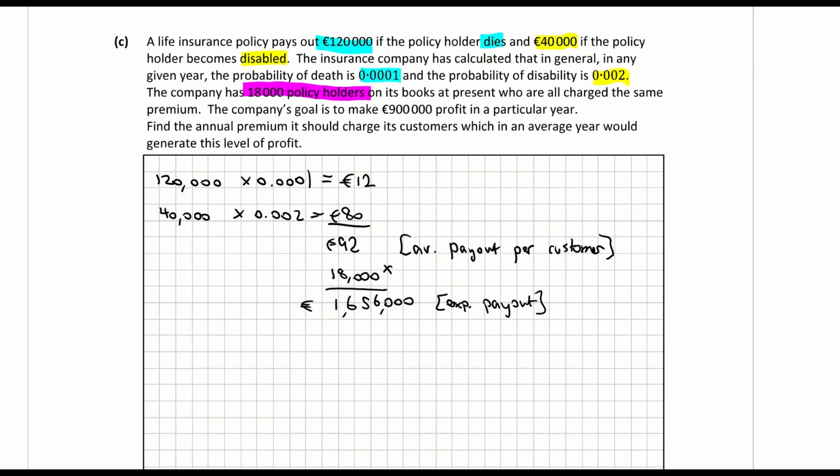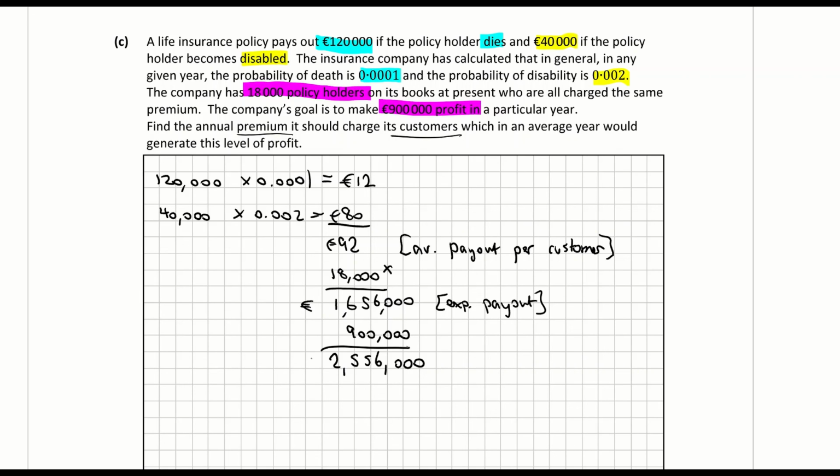Now they want to make a profit of €900,000. So we need to add on 900,000 to this to actually calculate the total amount of money that this insurance company needs. So that's 2,556,000. So that's how much money they need to make in order to make a profit of €900,000 and pay out all those claims. Now we want to find the annual premium per customer.